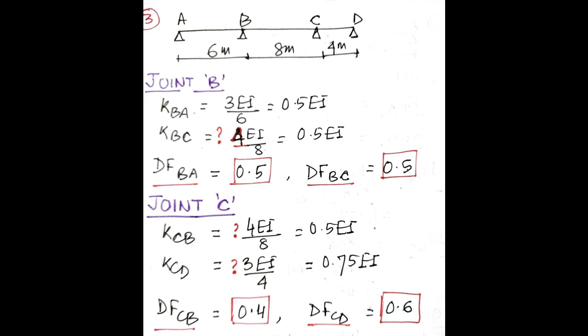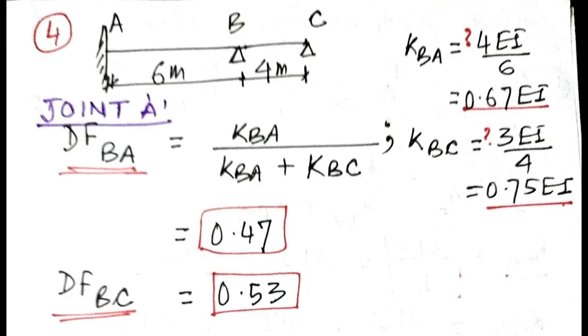There is no other joint beyond D, so D is acting as a simply supported joint. So hence it is 3EI by L. So finally we find the distribution factor at CB as 0.4 and the distribution factor at CD as 0.6.